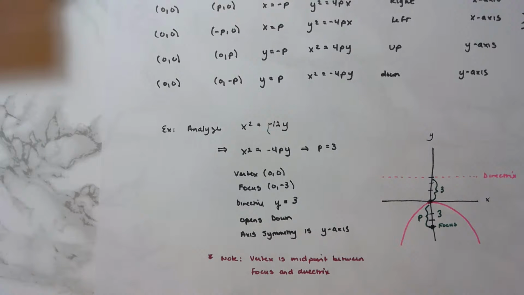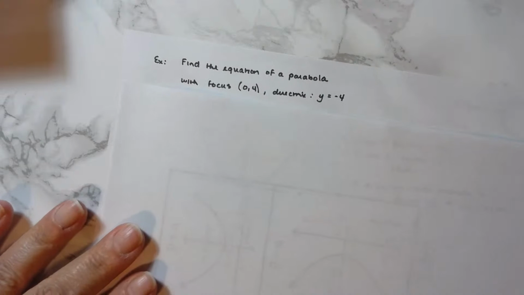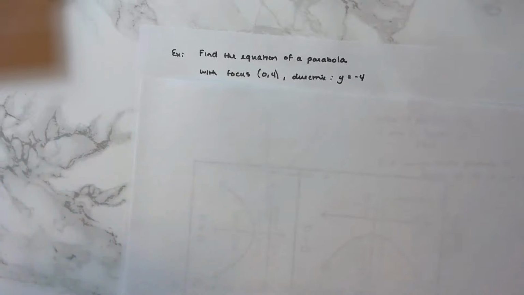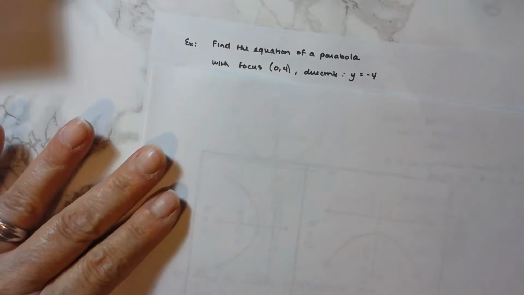Okay, let's look at another one. This one says, find the equation of a parabola with focus at 0, 4 and directrix y equals negative 4. So I have to find the equation.